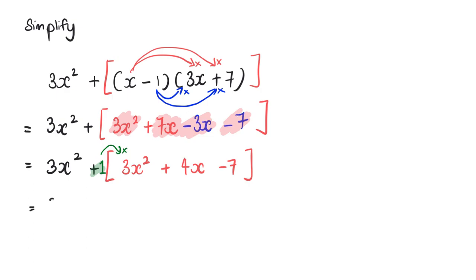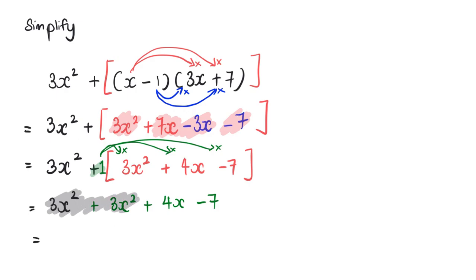So therefore, I will get this: 1 times 4, positive 4x, negative 7, and finally, we are going to simplify it. 3x squared plus 3x squared, 6x squared, plus 4x, minus 7. And we have come to the end of this question.